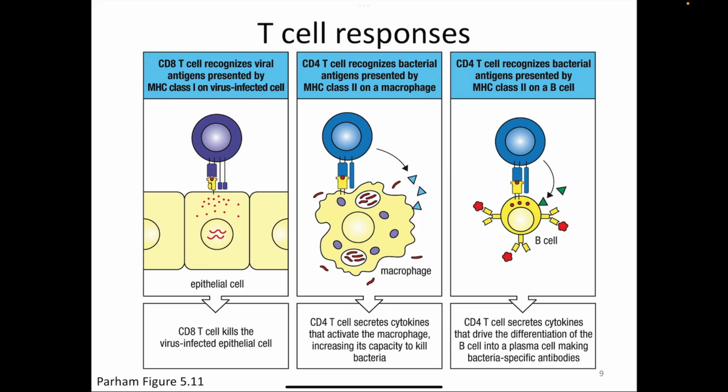And so here you can see a CD4 cell in blue producing cytokines that help this macrophage improve its killing ability. Here you can see a CD4 T cell producing some cytokines to help a B cell make antibodies better.